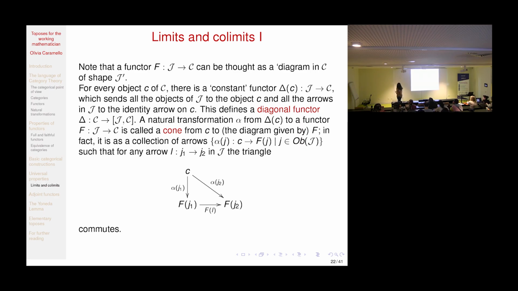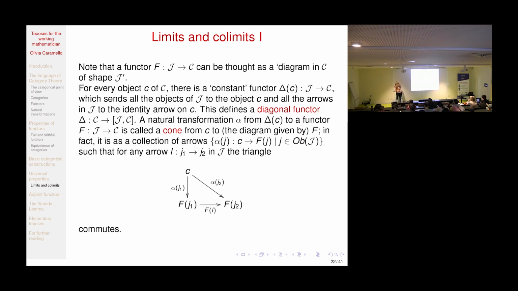Because if you write down what a natural transformation from delta of C to F is, you find out precisely the commutativity conditions which define the notion of cone.